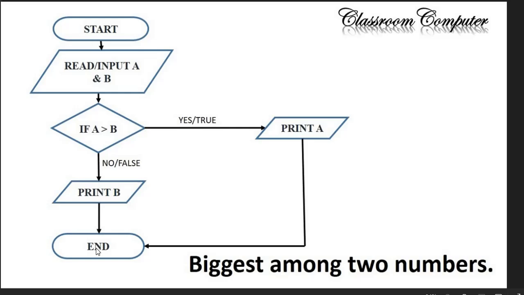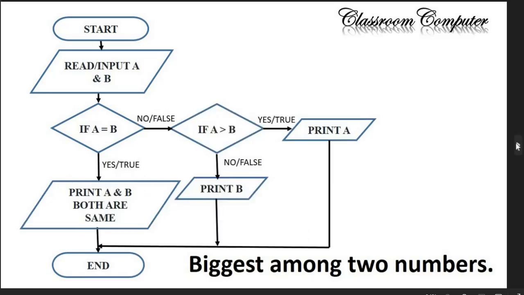So I just edited this flowchart in a better way. This one. Here you can see, after taking input A and B, I first compare if both are the same or not. If both are the same, then I print both are the same, no one is bigger.